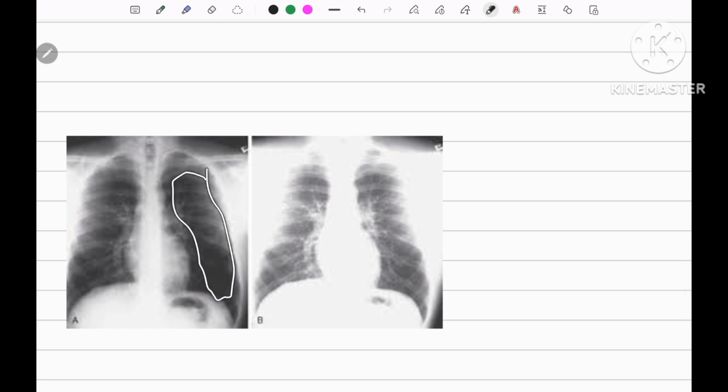Here you can see that the lung is more white out, and the shadow of the heart is like the shadow of dense metal, and here the shadow is decreased. So in this way we can differentiate between underexposure and overexposure.